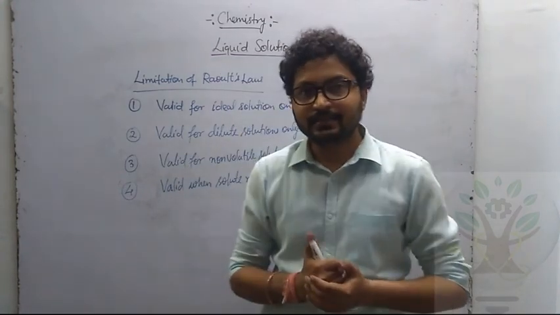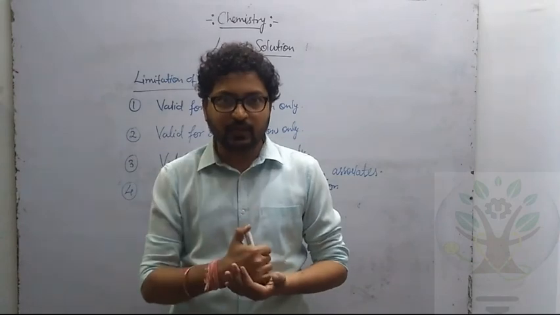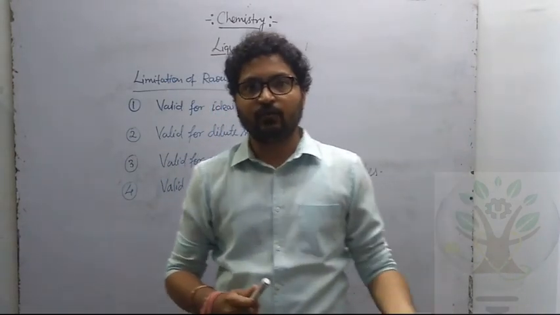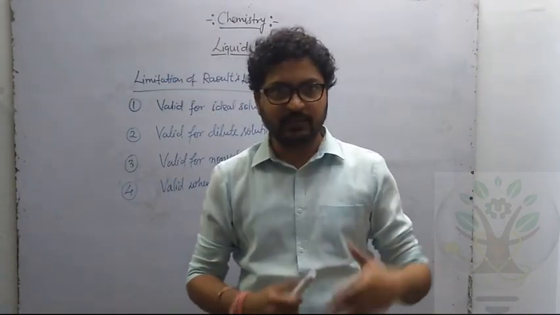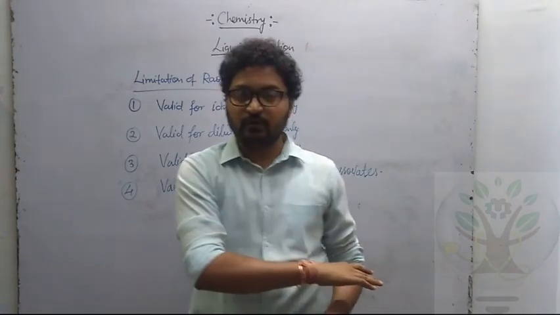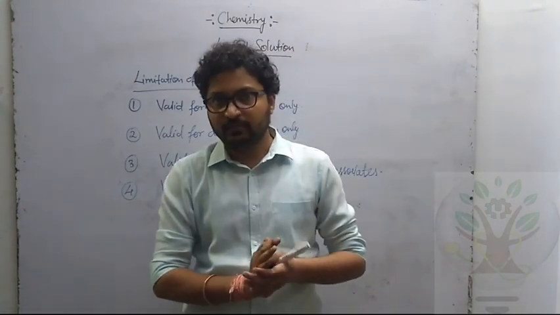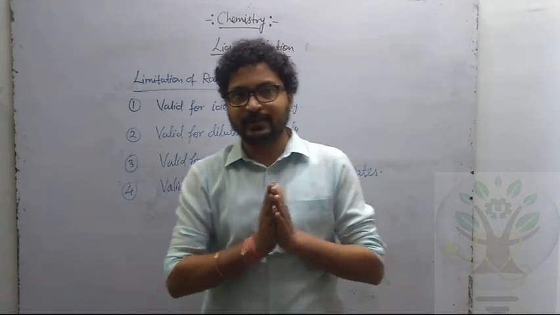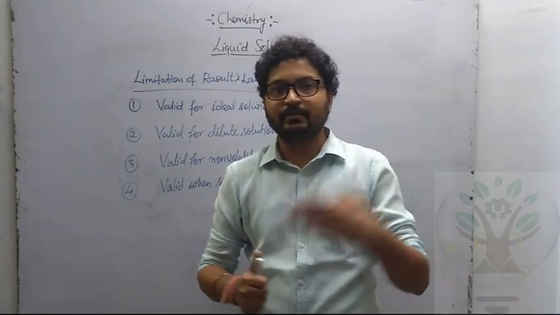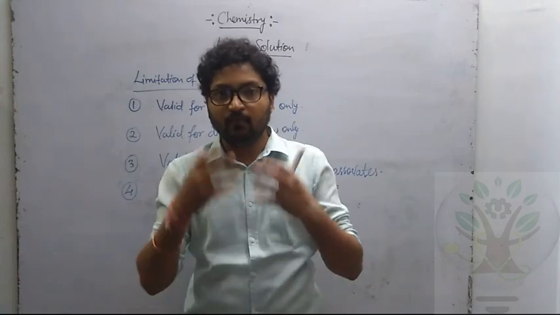So by this time we have discussed the theoretical portion of Raoult's law, in which we saw how vapor pressure changes if we add a non-volatile solute. We drew the graph. We also took an application of Raoult's law: a solution of 2 volatile liquids, and we saw how A and B can generate vapors and how we can find the mole fraction.